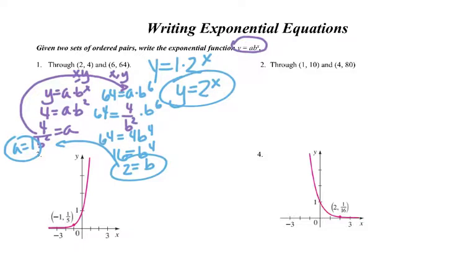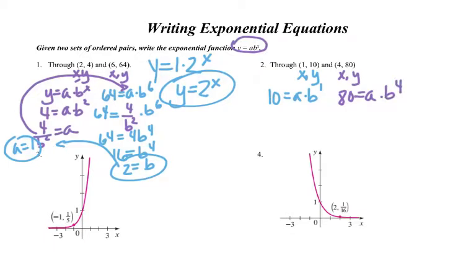So the next one here, the ordered pair is (1, 10), and the other ordered pair is (4, 80). So in the first ordered pair, I'm going to say y equals a times b to the x, and in the second ordered pair, y equals a times b to the fourth.